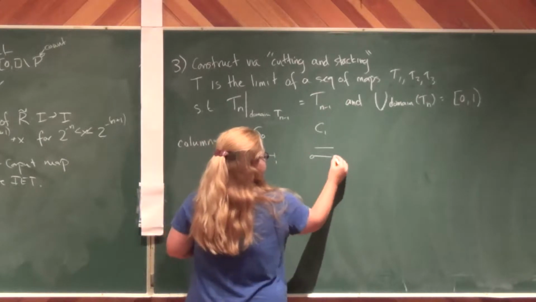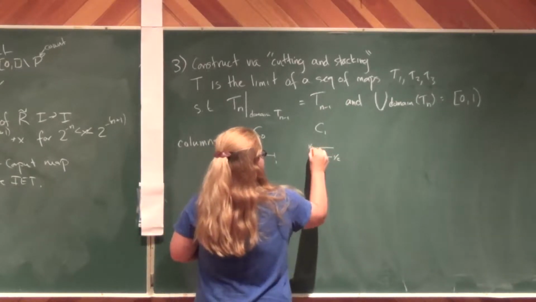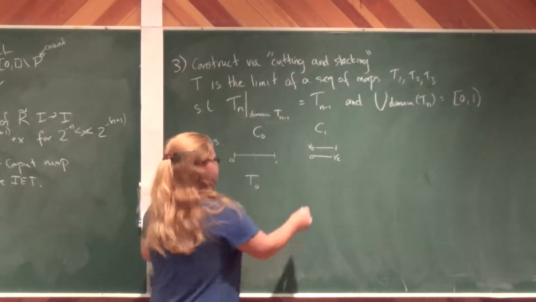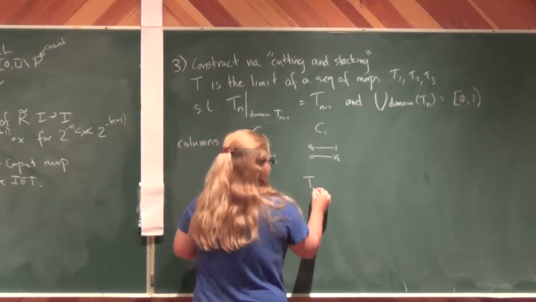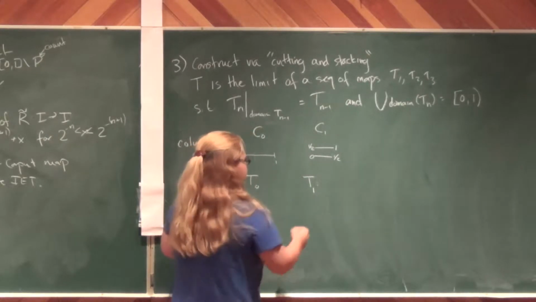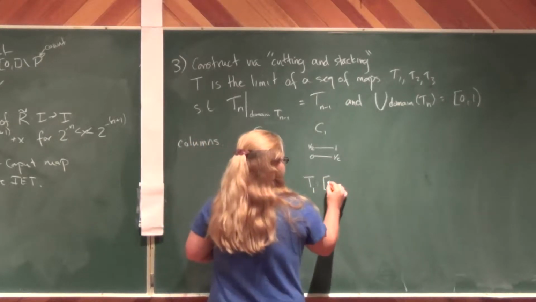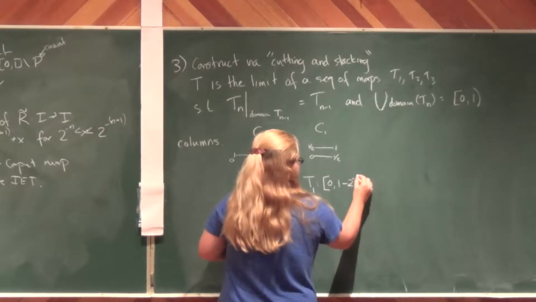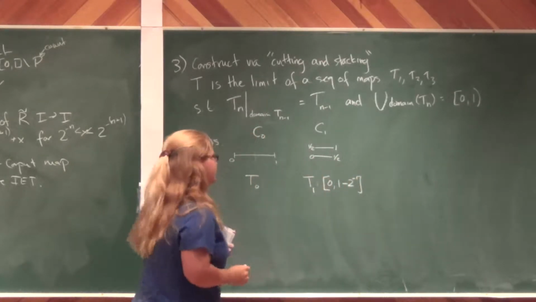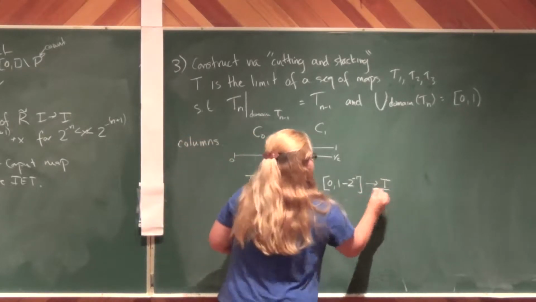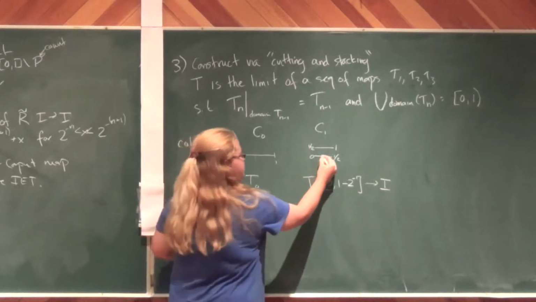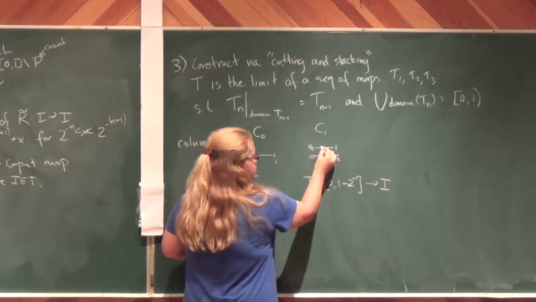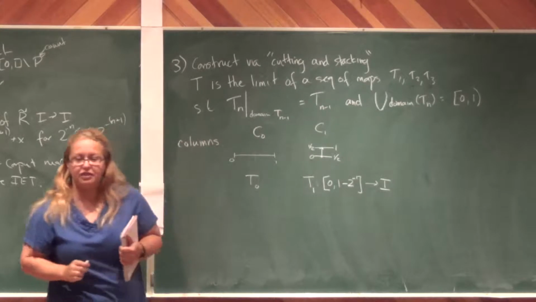So now we have 0 to 1/2, 1/2 to 1. So this is my column C1, and I'm going to define a map T1 where the domain of this map is 0 to 1 minus 2 to the minus 1, in other words, 0 to a half. And the way this map is defined is it just takes a point on this bottom interval, which is where the map is defined, and it maps it to the point that's directly above it.